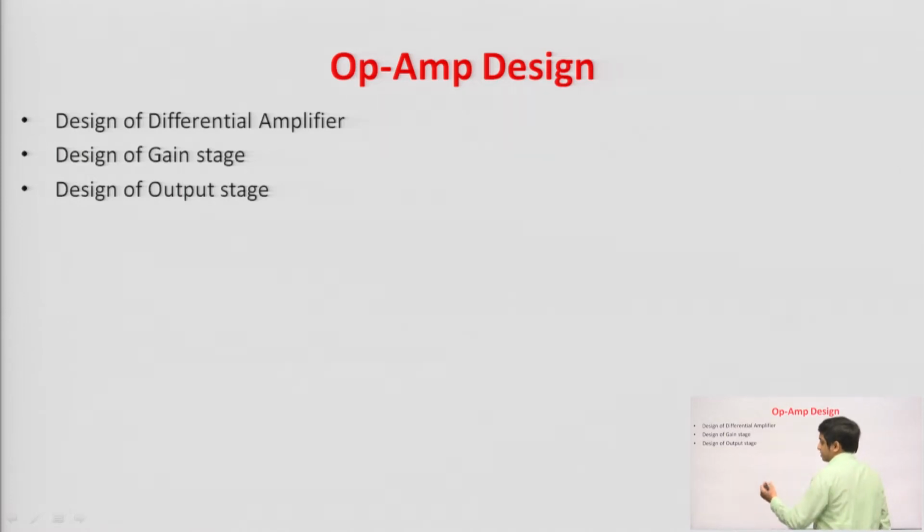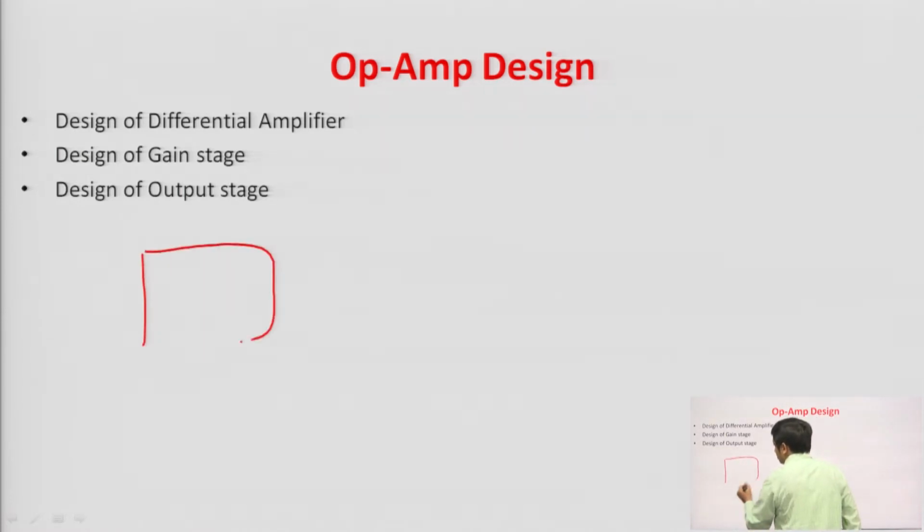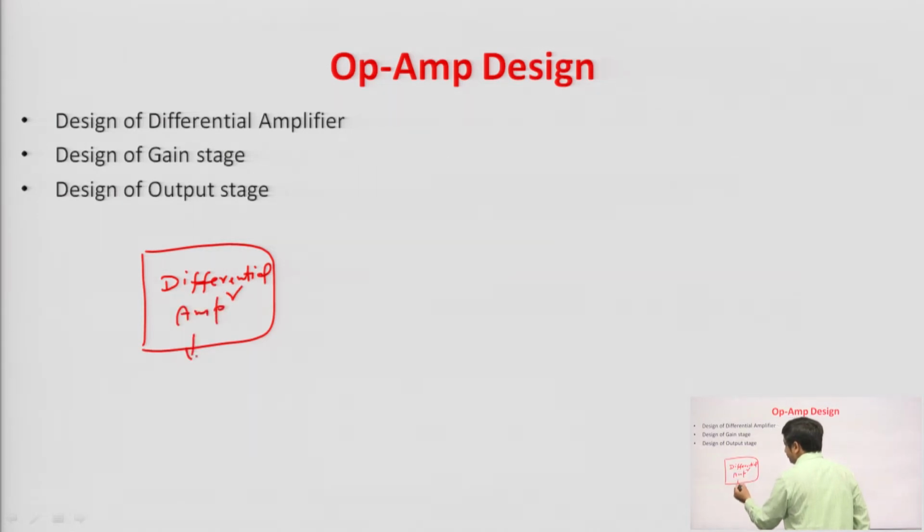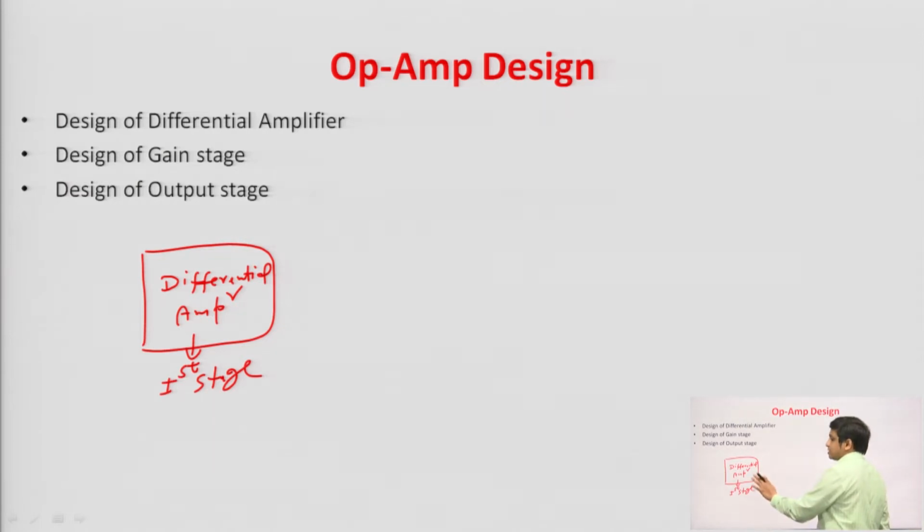The first stage is always a differential amplifier, that is the input stage. The reason is that the first stage is differential, so the effect of noise will be less, because this differential amplifier rejects the noise, and it will not be propagated to the second stage and third stage.